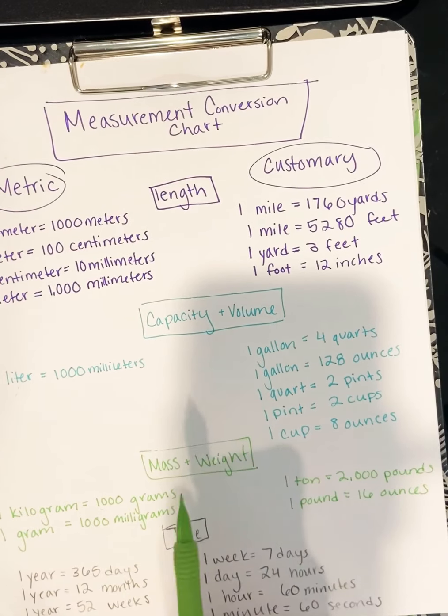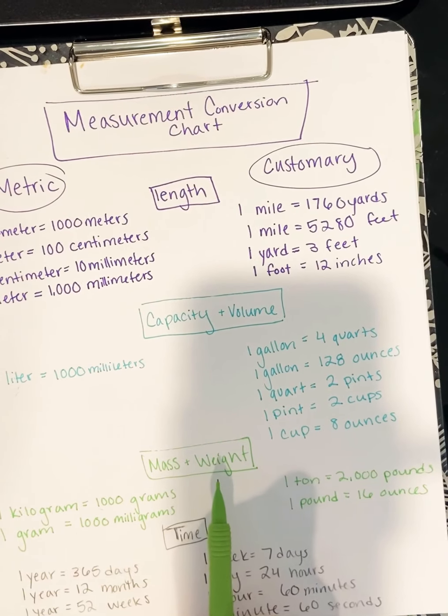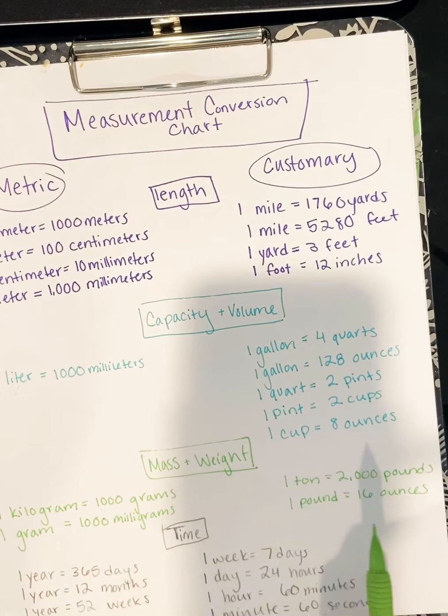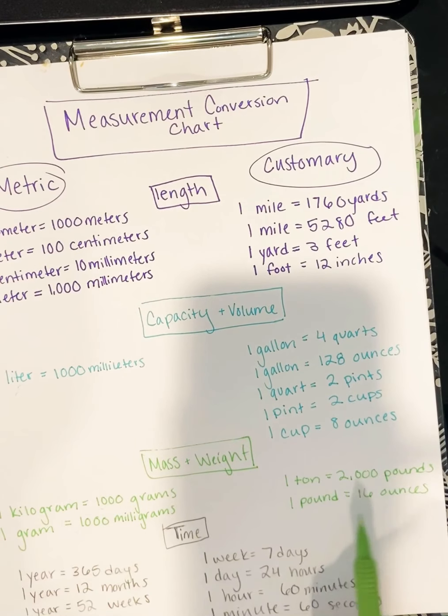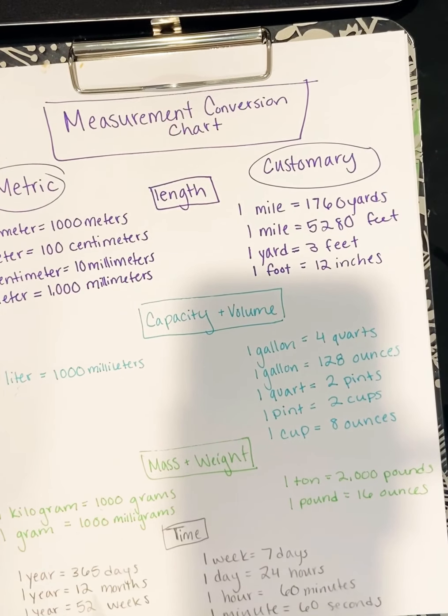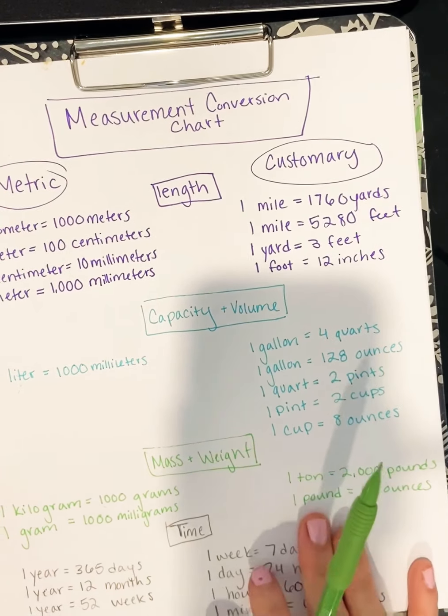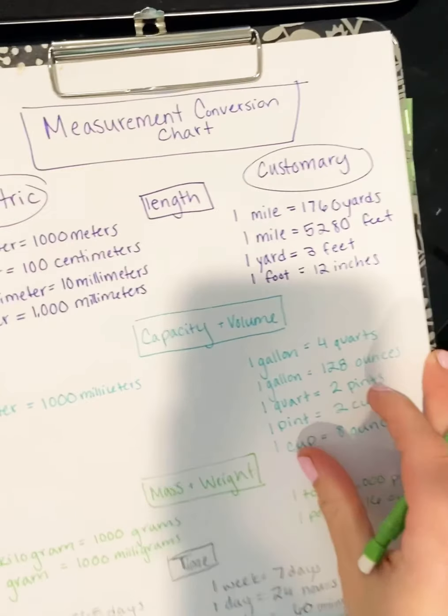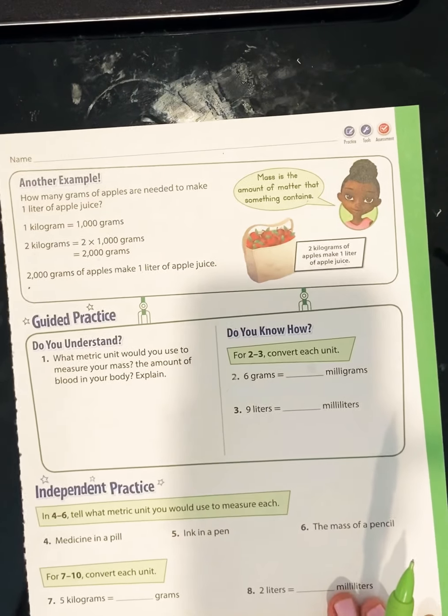Then when you have mass and weight, you're going to use kilograms, grams, milligrams, pounds, and ounces. And then we have time as well, with days, years, hours, minutes, seconds. So keeping this in mind, we're going to answer the questions on this page.